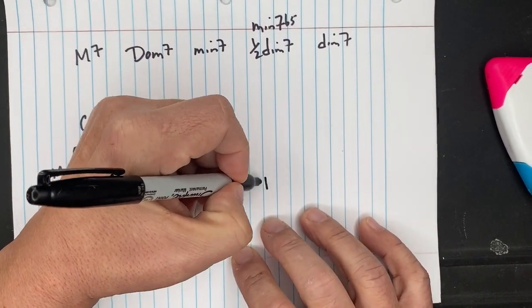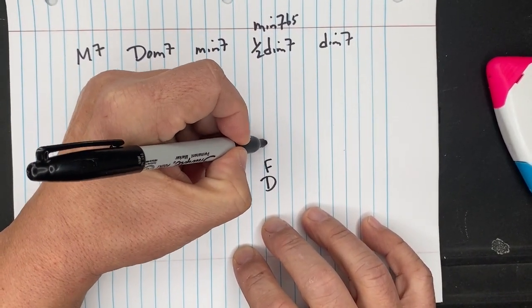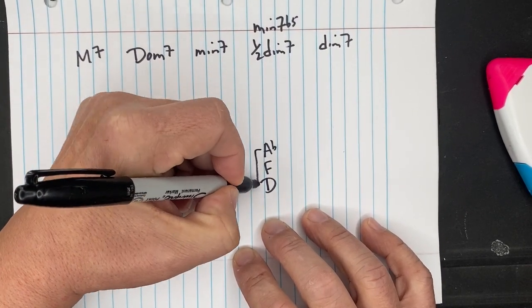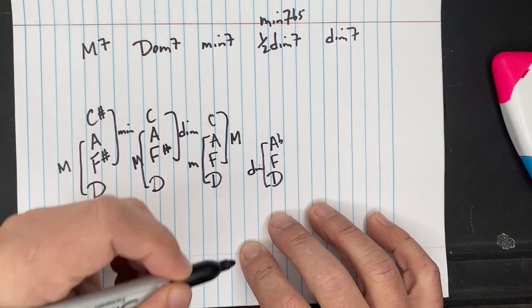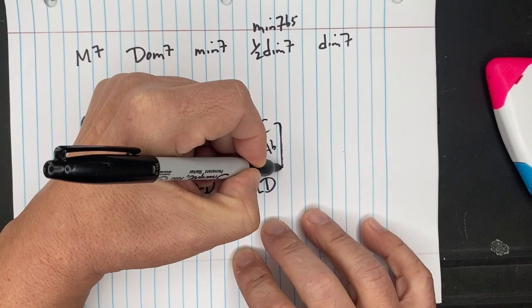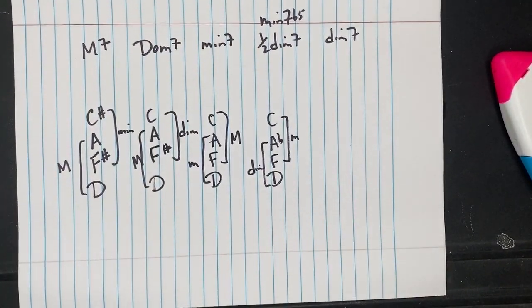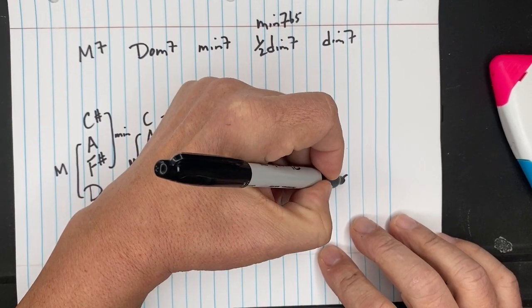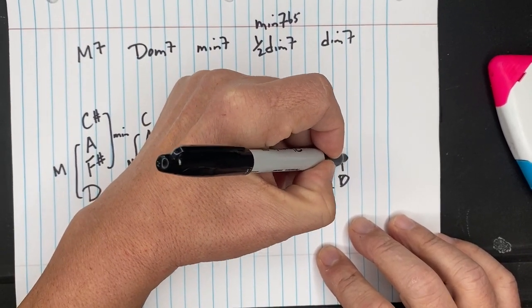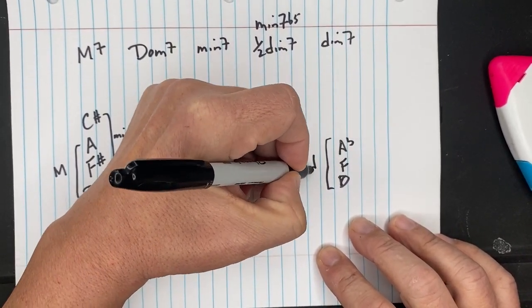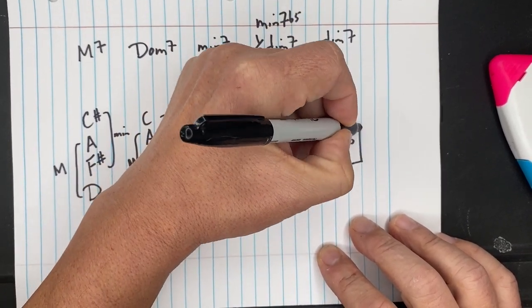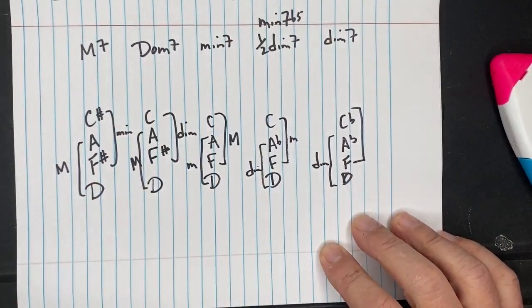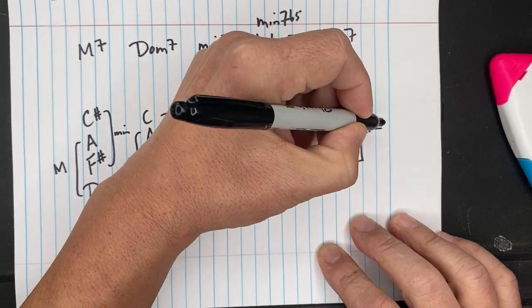Half diminished, it's a D, F, A flat, that's my diminished, right? And then it has the minor 7th, which is a minor triad, making that there. And the diminished is purely symmetrical. It's going to be a D, F, A flat, which is diminished. And then from here, it's going to go up to a C flat, right? And that will be diminished as well.